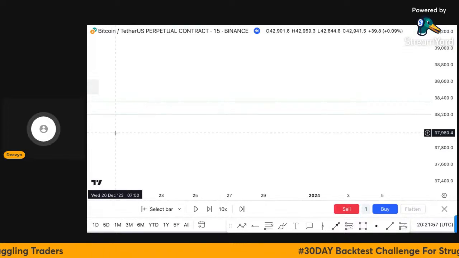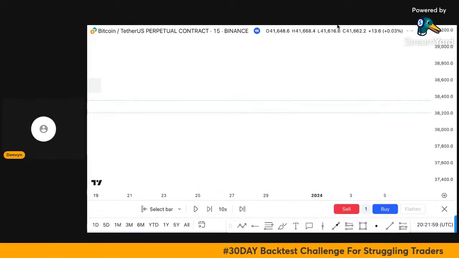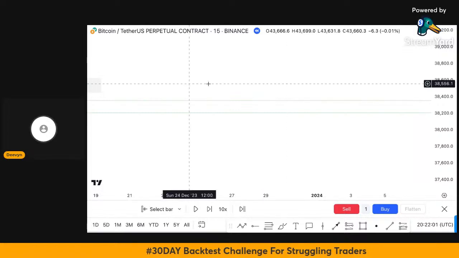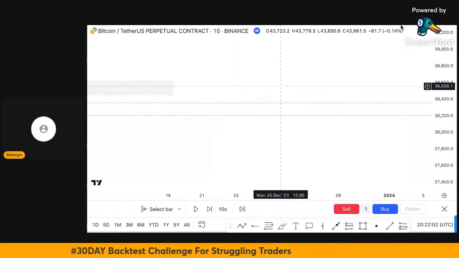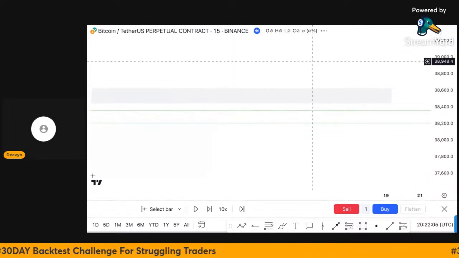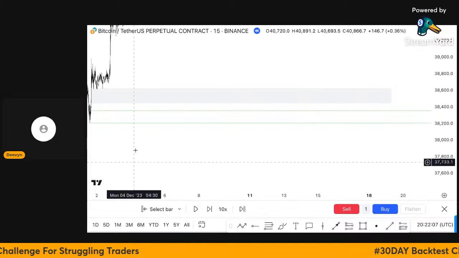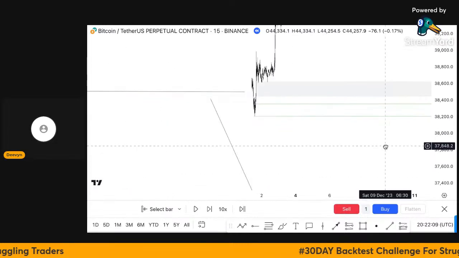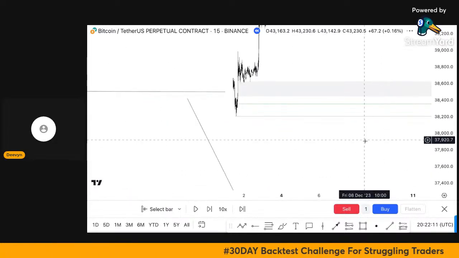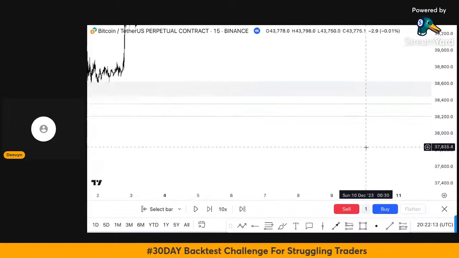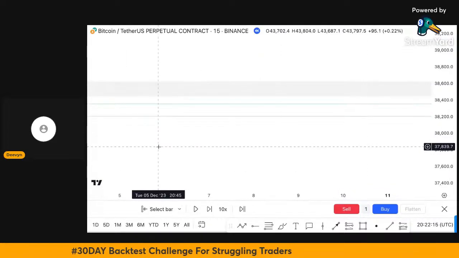Because there may be times where your model of trading can come in place.